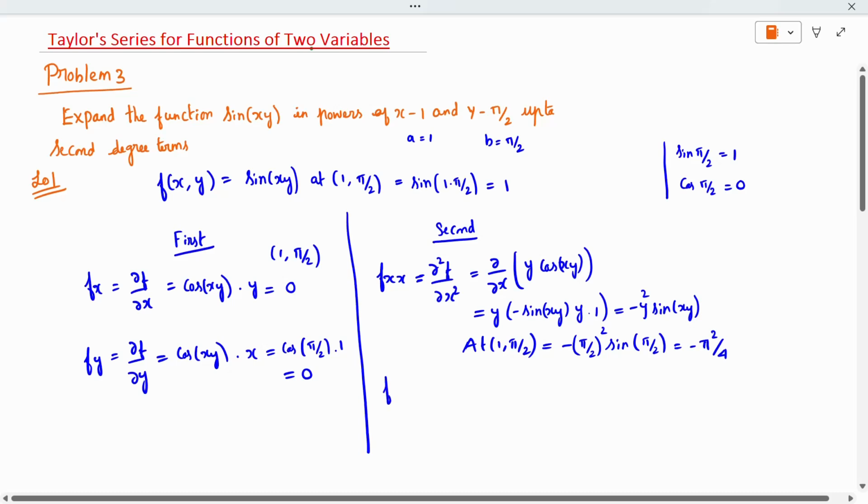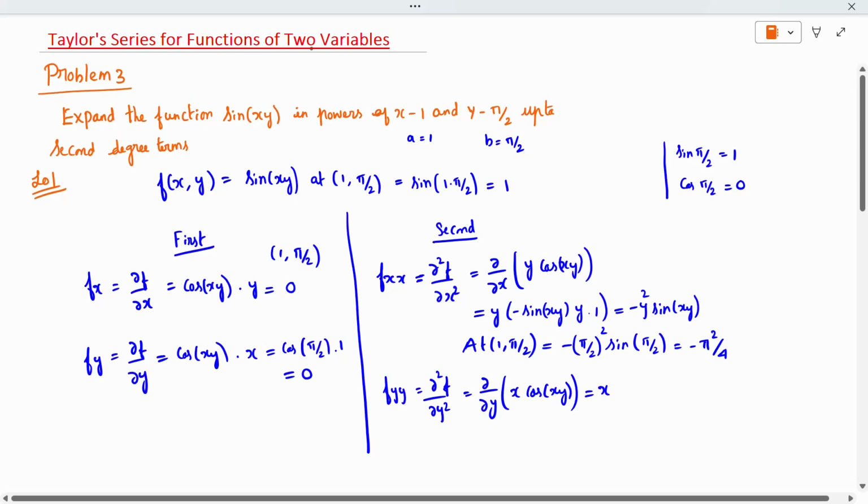Okay, now f double y, which is dou squared f by dou y squared. It is dou by dou y of dou f by dou y, which is x into cos xy. X is a constant because we are differentiating partially with respect to y only.